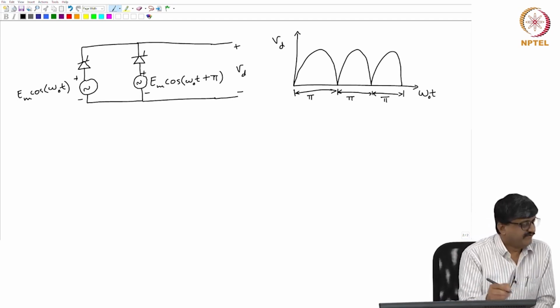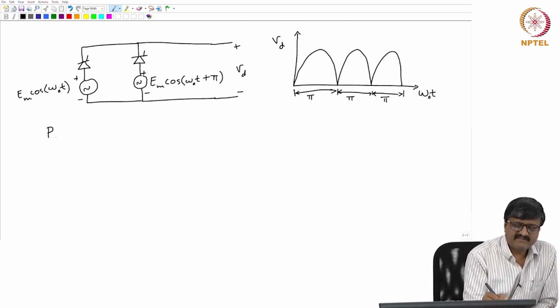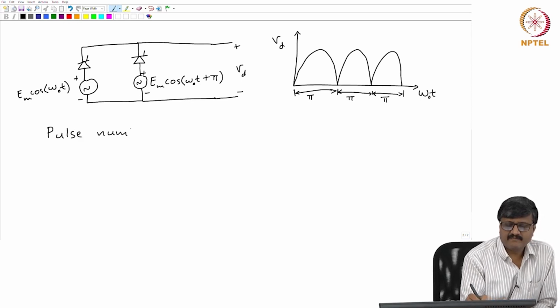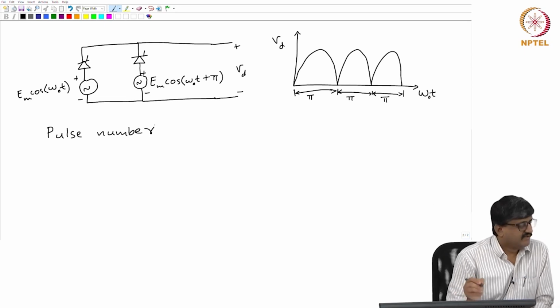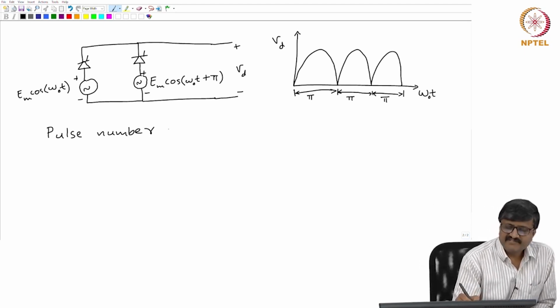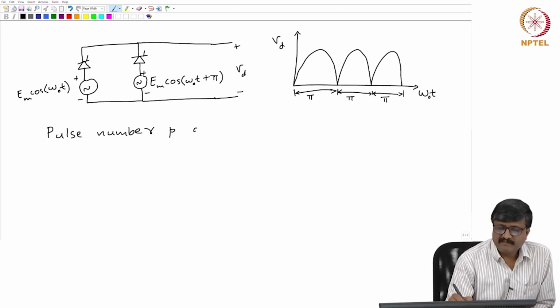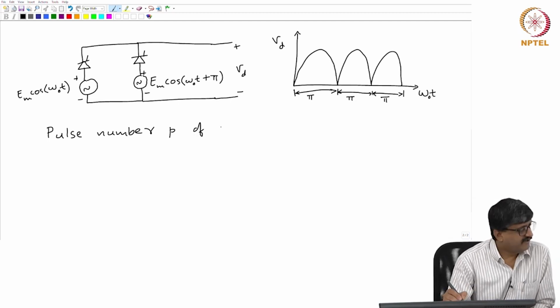Okay. So, we will define what is known as a pulse number. So, pulse number which is denoted by lowercase p. So, this pulse number is defined for a converter.